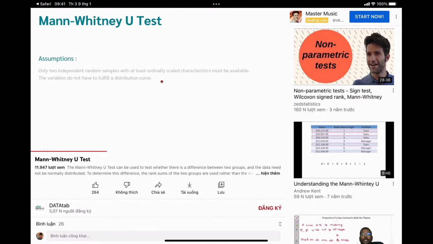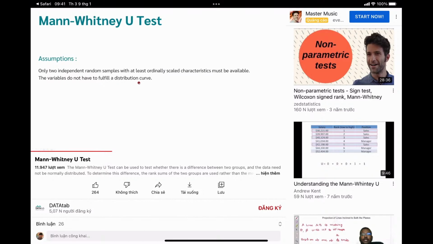But what are the requirements now for the Mann-Whitney U-test? The requirements are: first, we need two independent random samples with at least ordinal scale characteristics. Further, the variables do not have to satisfy any distribution curve.